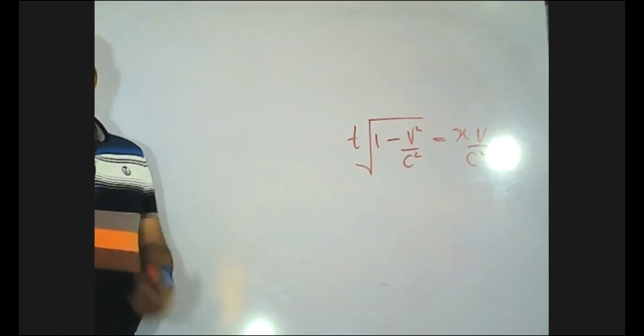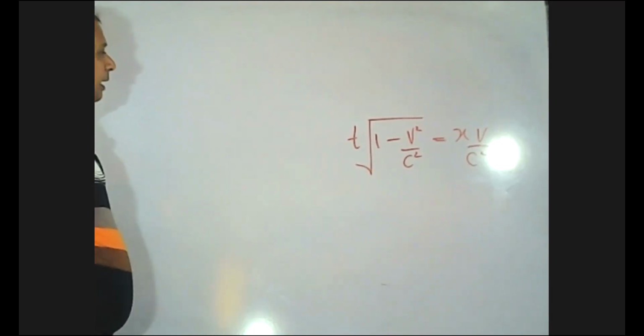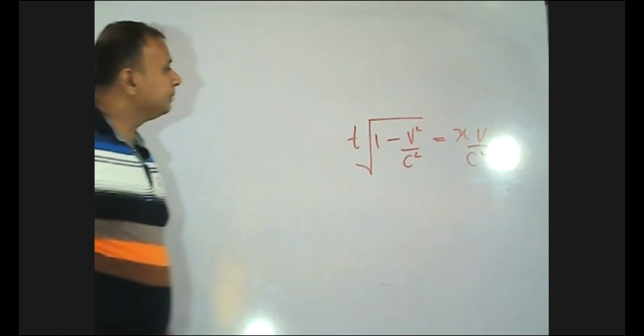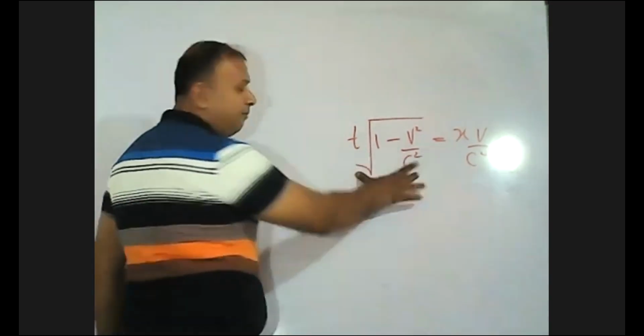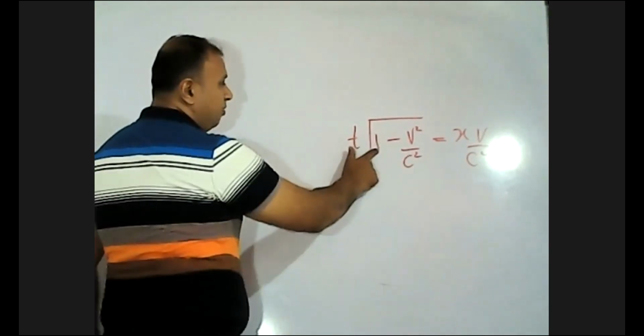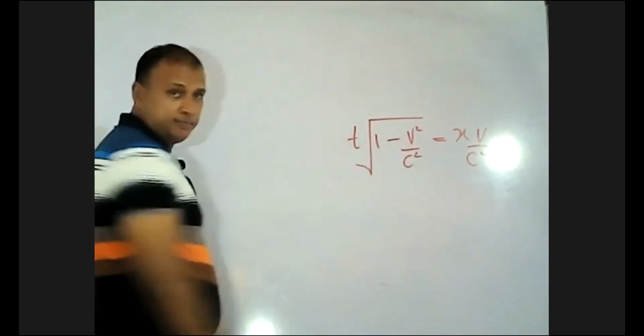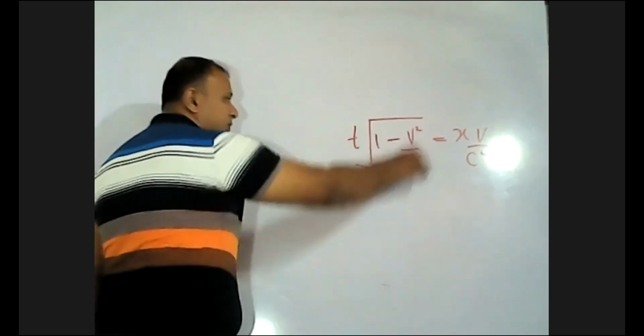I know this thing is a number. 1 minus this one is a number, because 1 is a number, therefore this one is also a number.